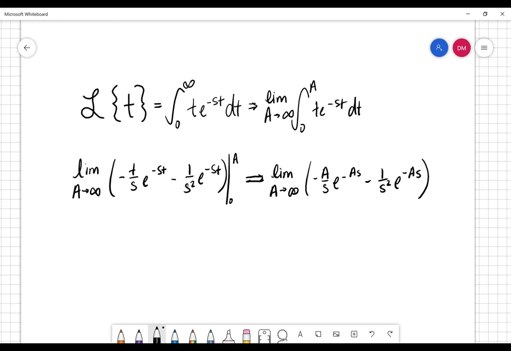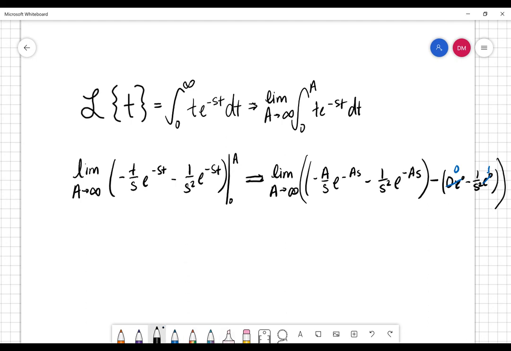And then minus, so let me do a bigger set of parentheses here and plug in 0, which is a little easier because this is going to be 0 times e to the 0, which will just be 0. And then we are going to get minus 1 over s squared e to the 0. And so this piece here, since this gives us 1, will just be 1 minus 1 over s squared for that last piece right there.